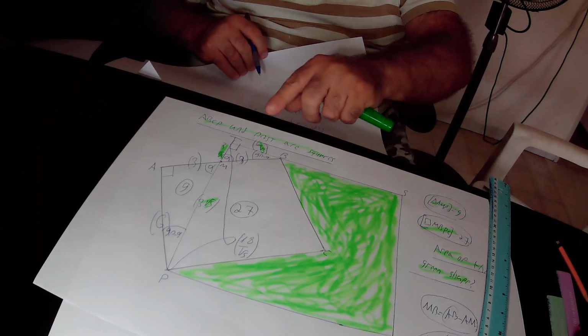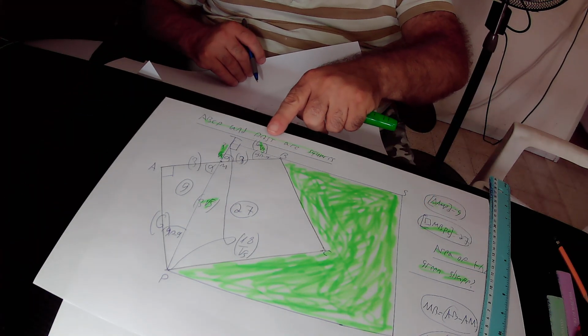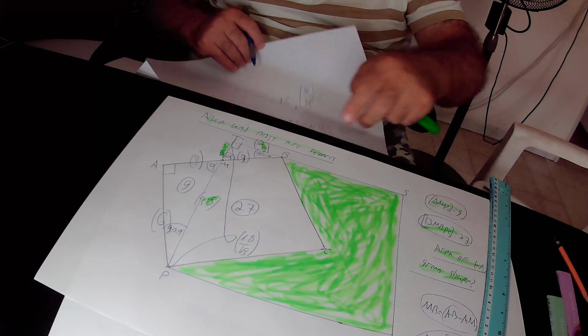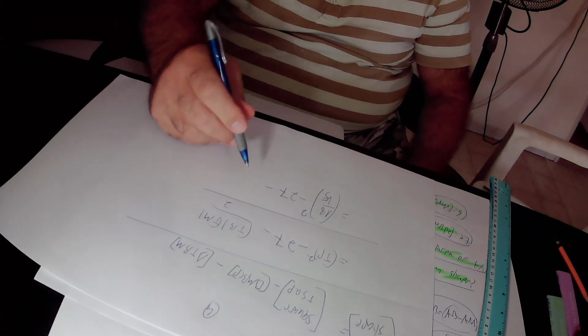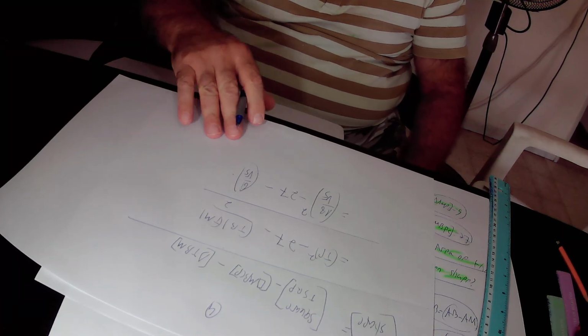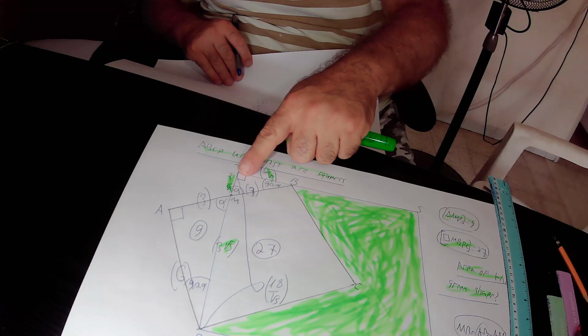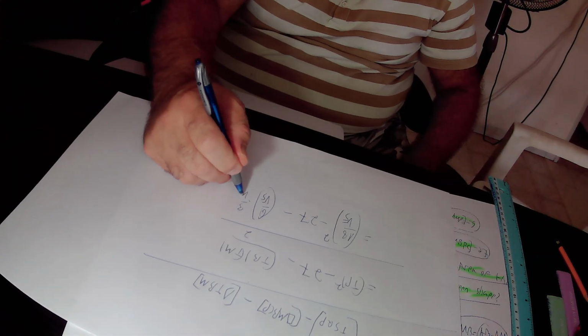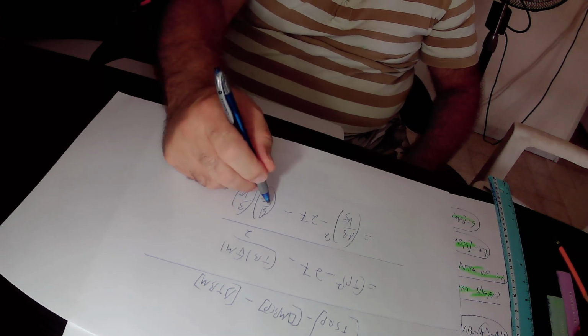TB is 6 over square root of 5 times TM. TM is 3 over square root of 5, divided by 2.